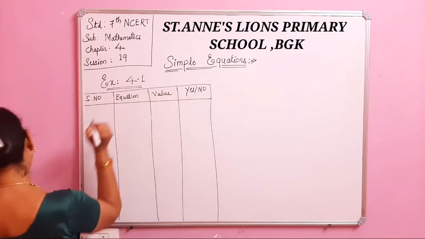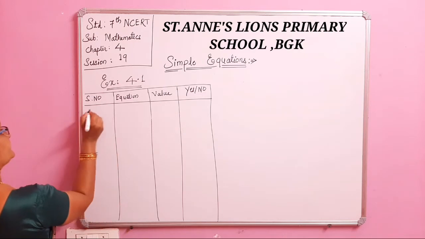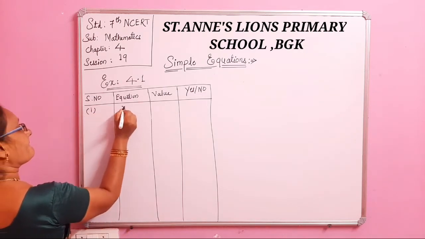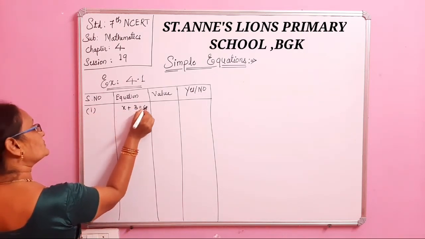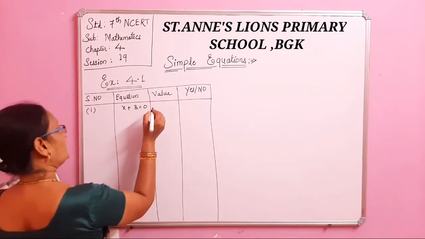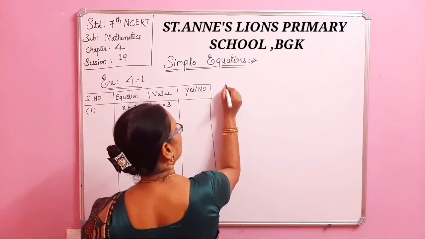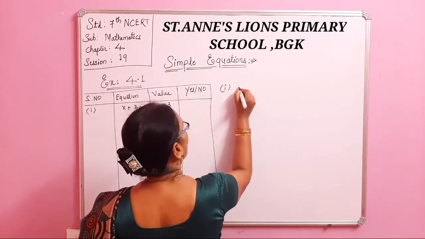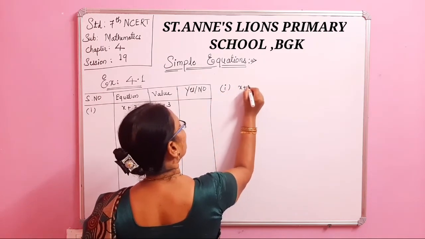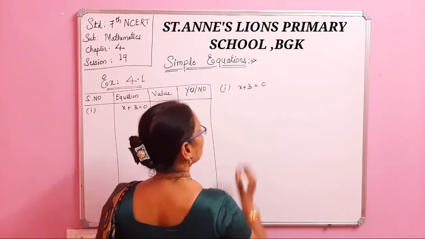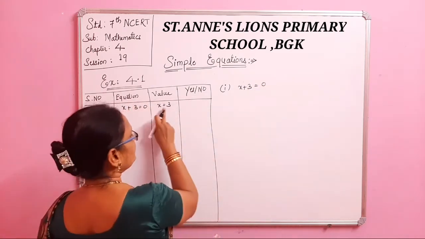Now what to do? First one is x plus 3 equal to 0. Value x equal to 3. Now first one, what is the given equation? X plus 3 equal to 0. Okay. Now what is the value of x?